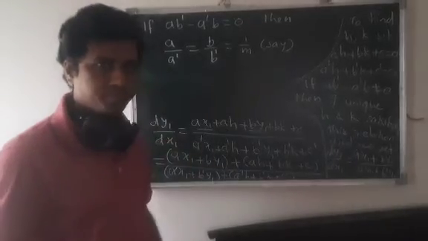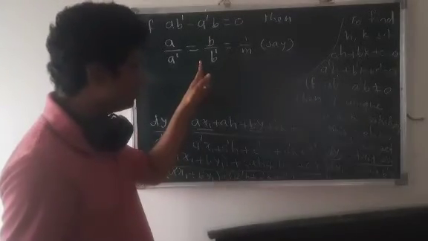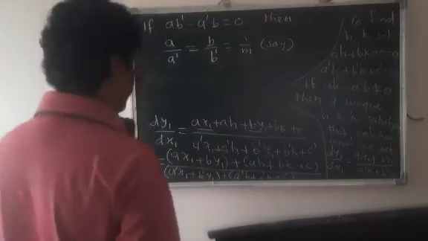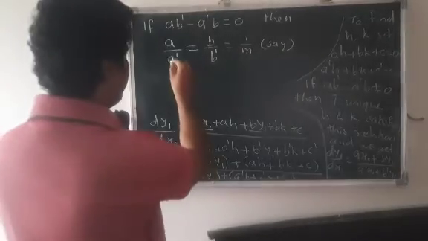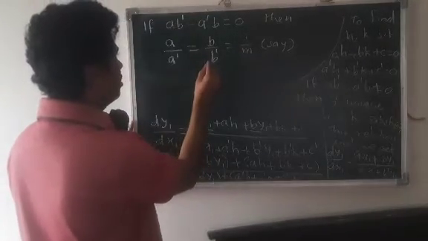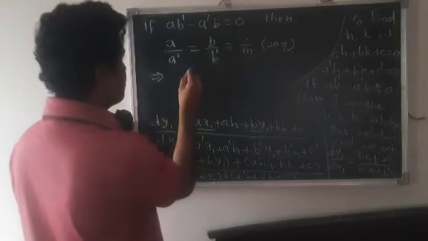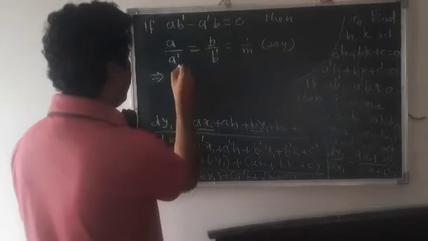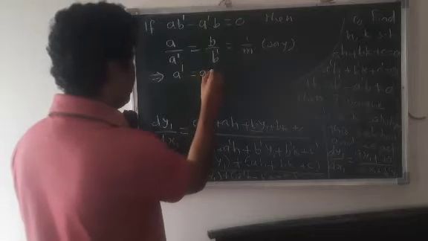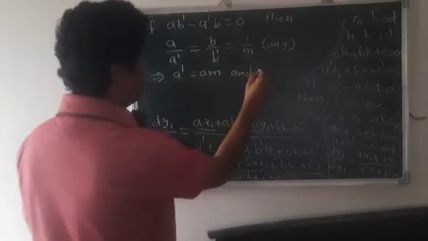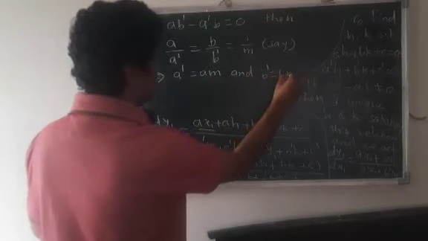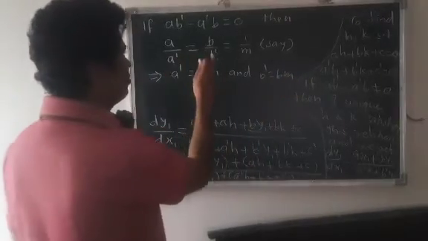And substitute in the given equation. So that means a dash is am and b dash is bm.